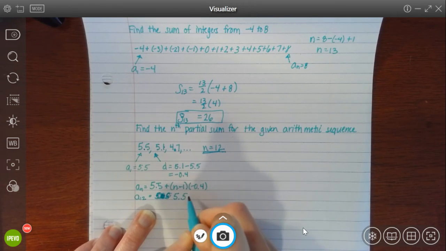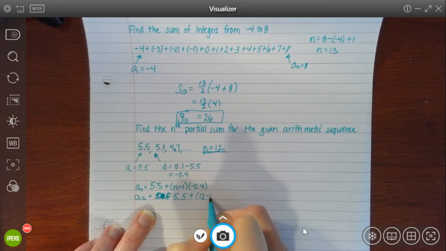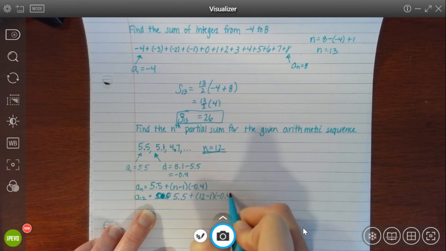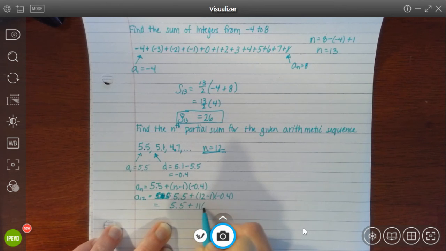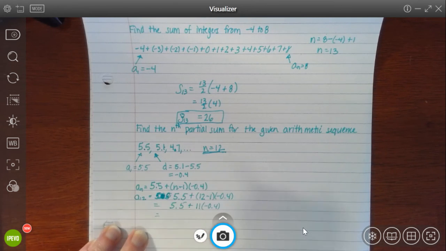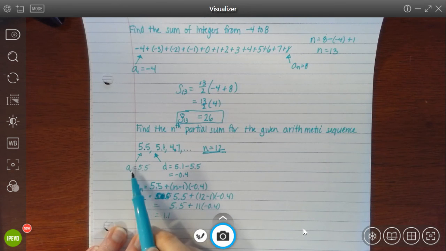So we want to do 5.5 plus 12 minus 1 times negative 0.4. That's going to give me 5.5 plus 11 times negative 0.4. And if you go to your calculator and do the math for that, you're going to find out that this is 1.1.